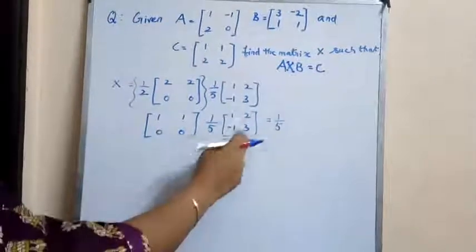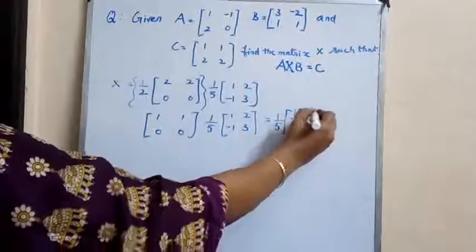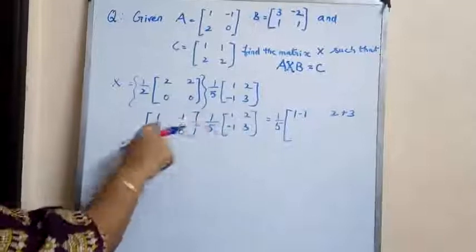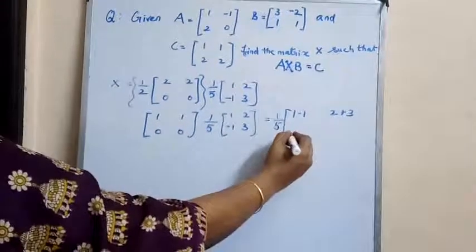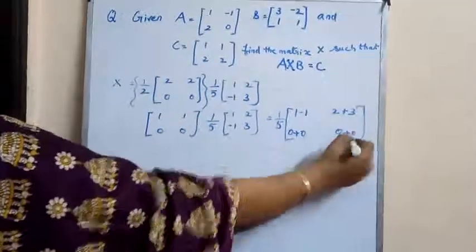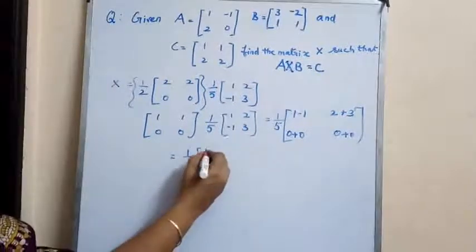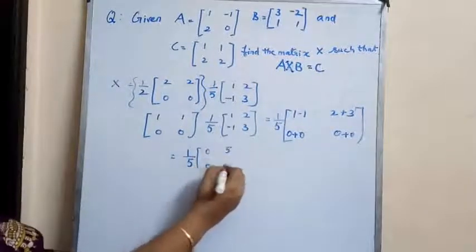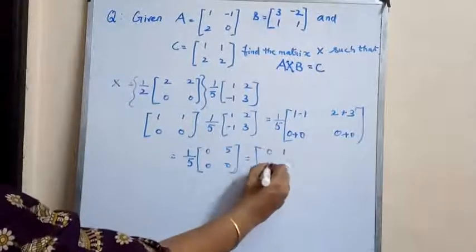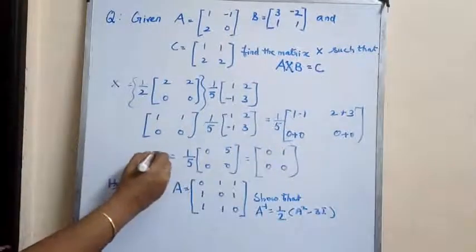The product of these two matrices will be 1 minus 1, 2 plus 3, 1 minus 1, 2 plus 3, and this is 0 plus 0, and here also 0 plus 0. So you will have 1 by 5 into 0, 5, 0, 0. So the final answer will be 0, 1, 0, 0. So this is the value of X.